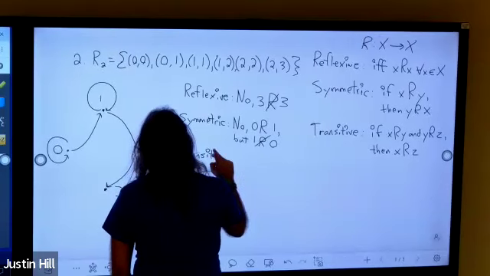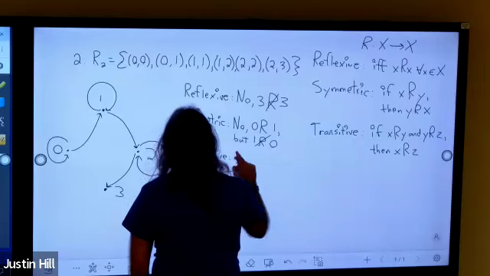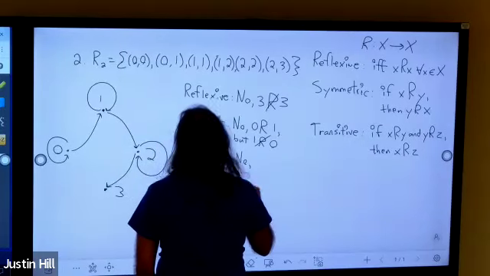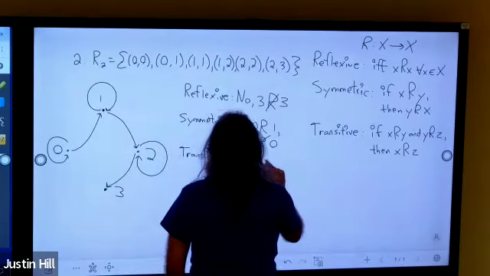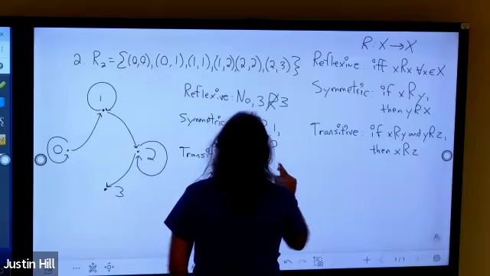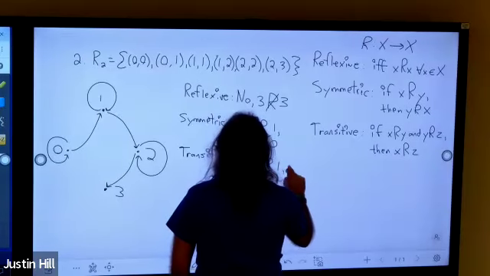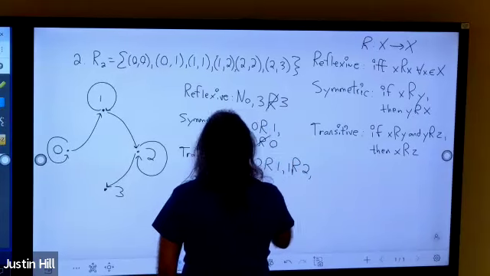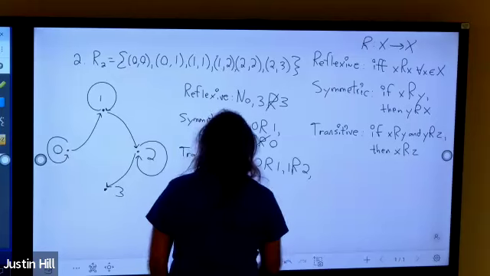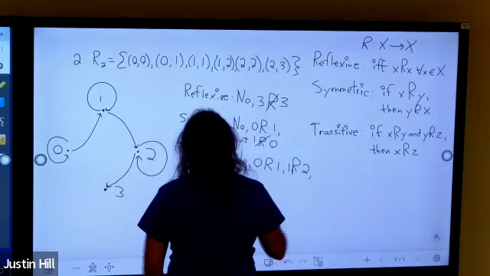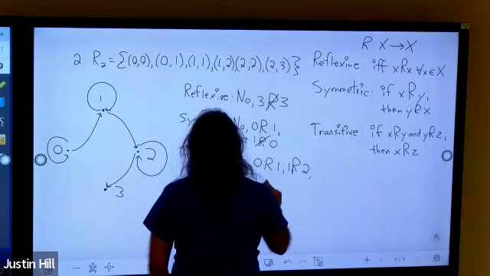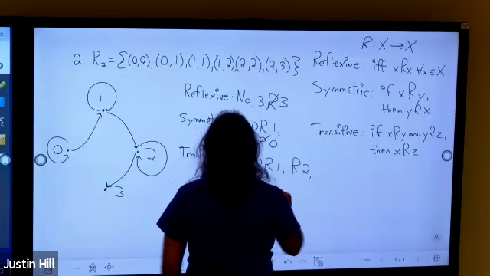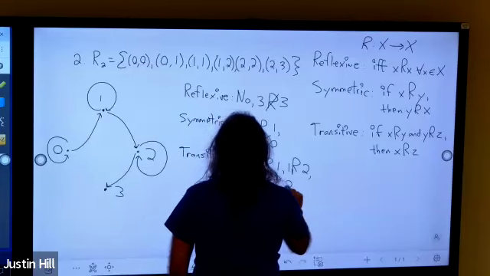So for transitive, the answer is no. And again, you want to give sort of that full explanation. 0 is related to 1. 1 is related to 2. But 0 is not related to 2.